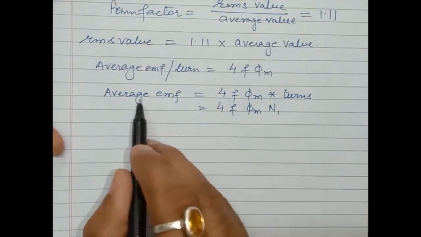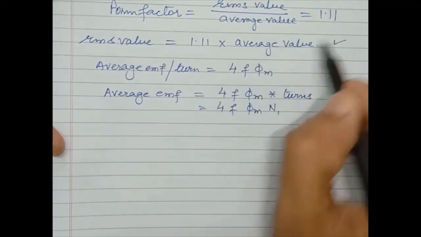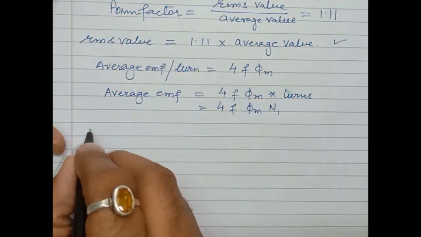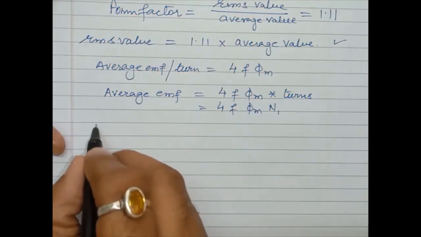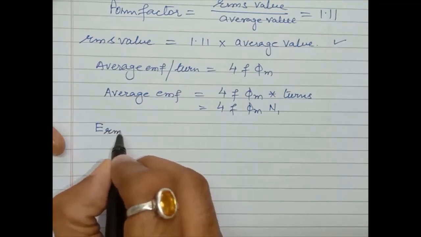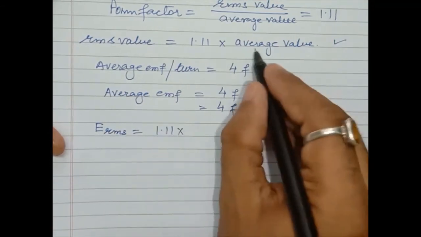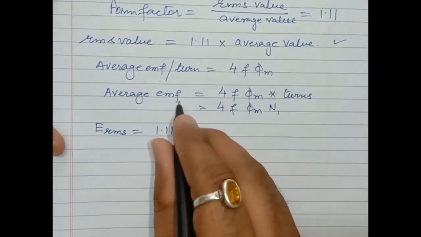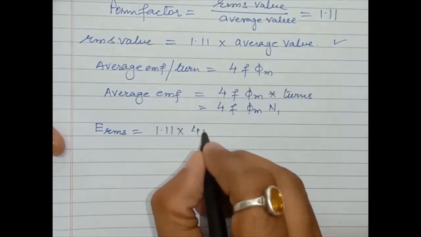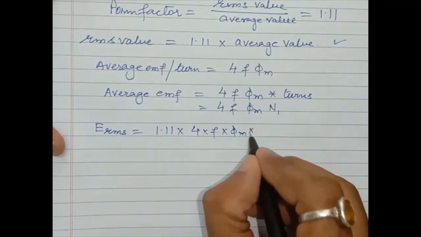Keeping this value of average in the equation, the RMS value of induced EMF is equal to 1.11 into average, which is 4 into f into phi m into n1.